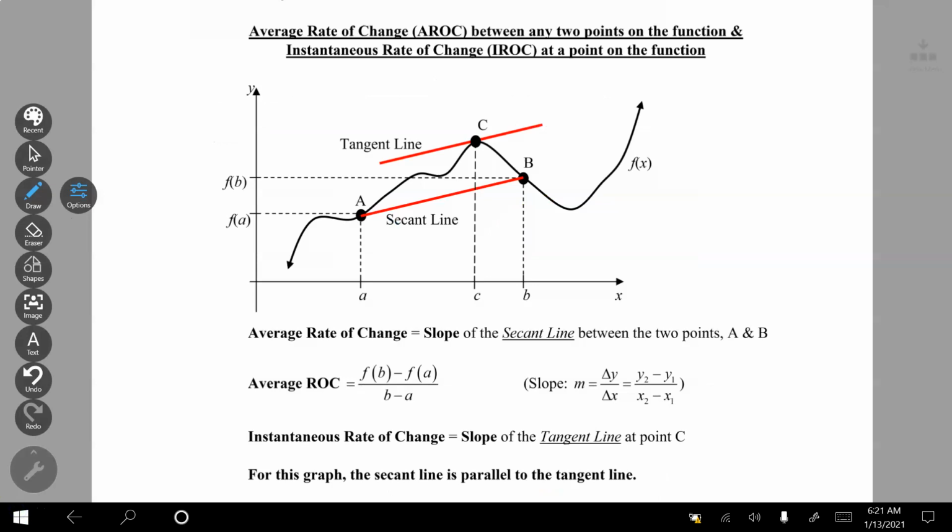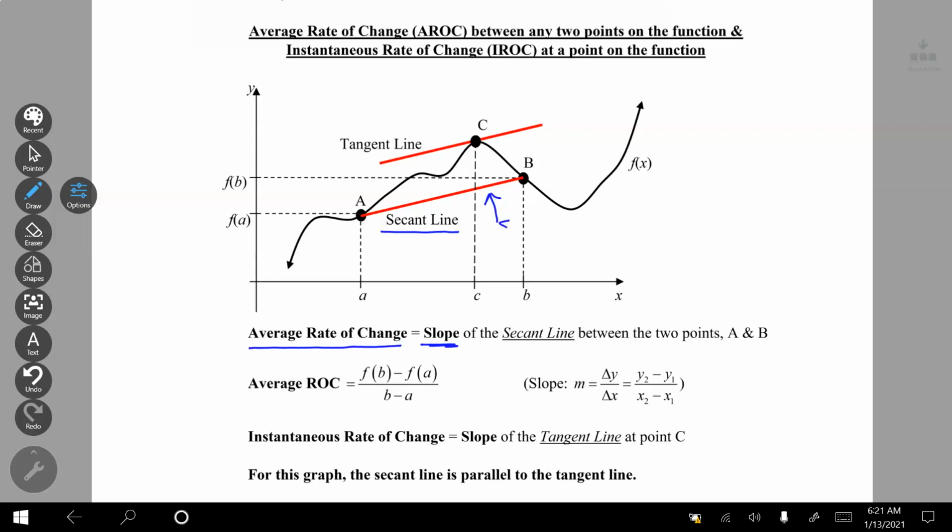Okay, now I have this really random graph that I drew, and you can first see I have a secant line here between points A and B on the curve, so it's a line connecting 2 points on the curve, and the average rate of change is the slope of the secant line.